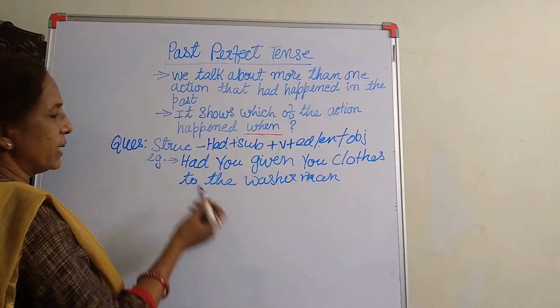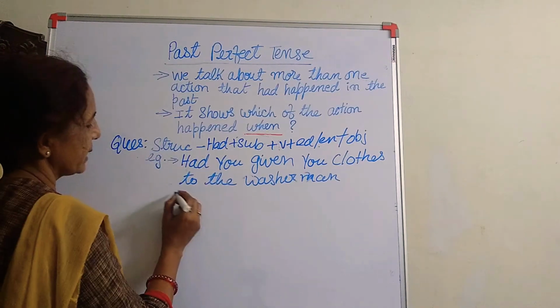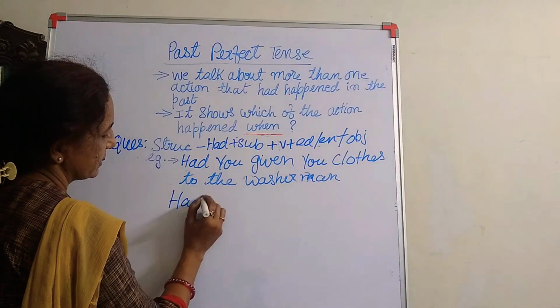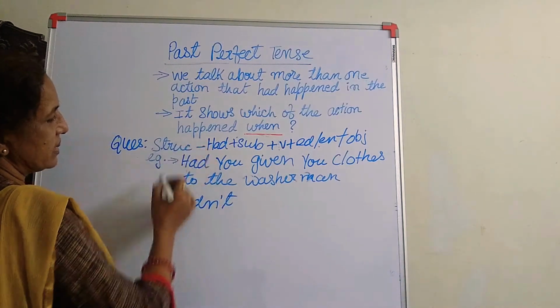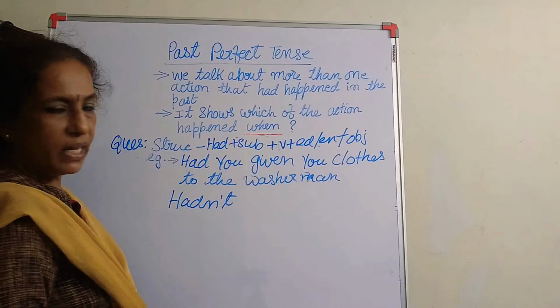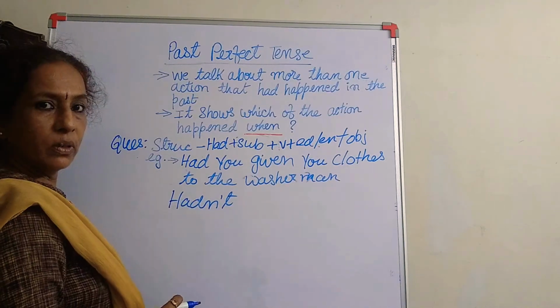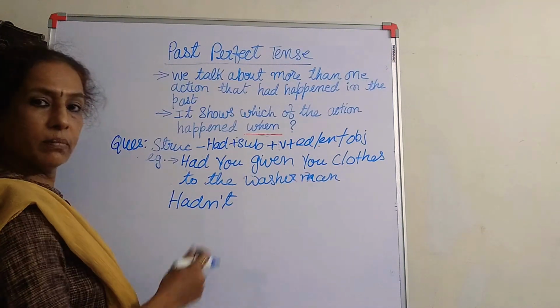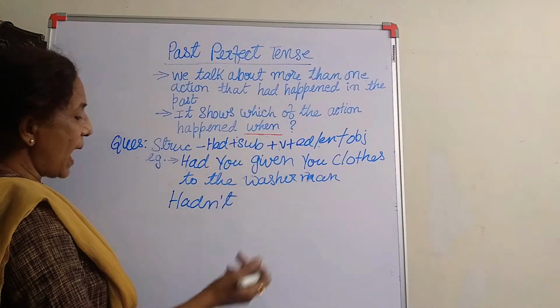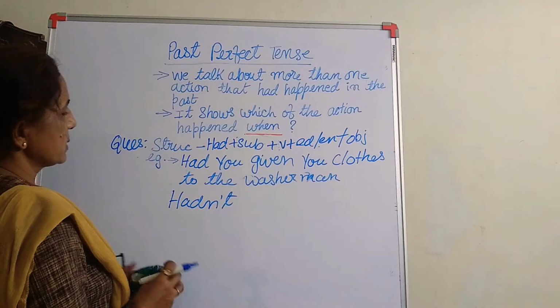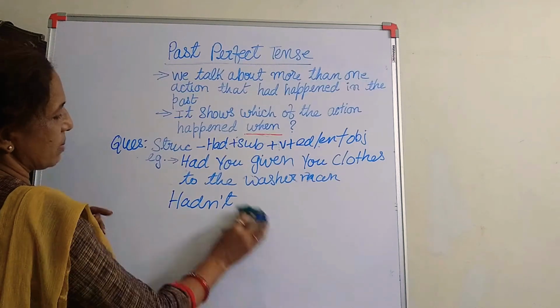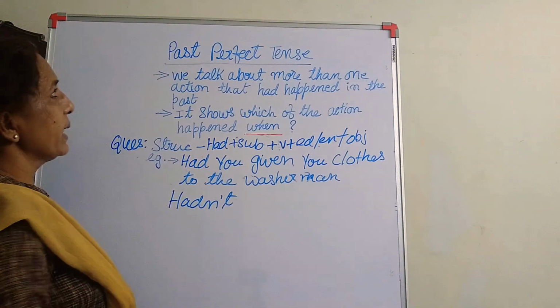And if it is a question with a negative, then it will be hadn't. Hadn't we told you that message? Hadn't he passed the message to you? So this is how the question comes in past perfect tense.